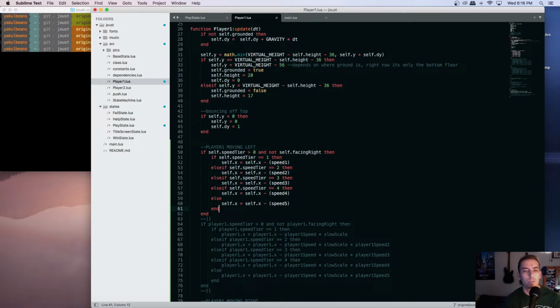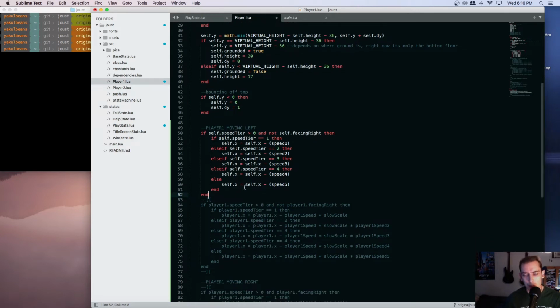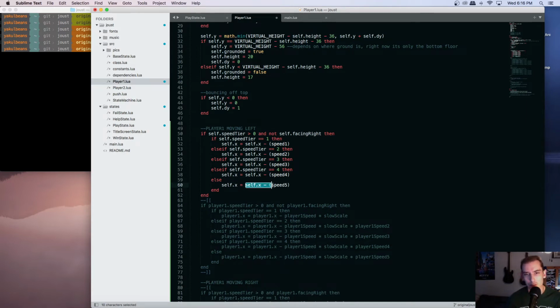The reason I thought to do the dx was because we would update its x position like this, based off its dx, which we are doing. But then where do we put the slowdown? The braking system.